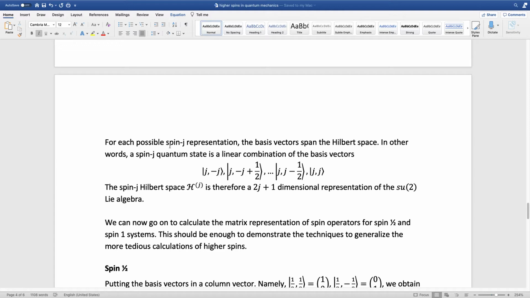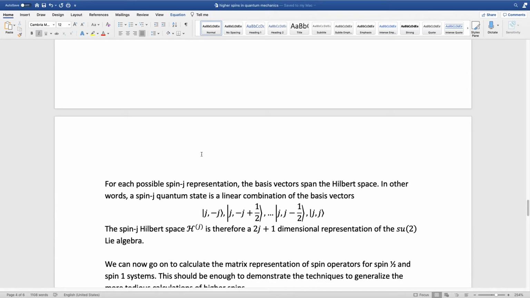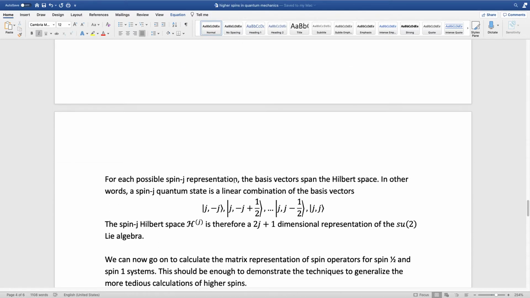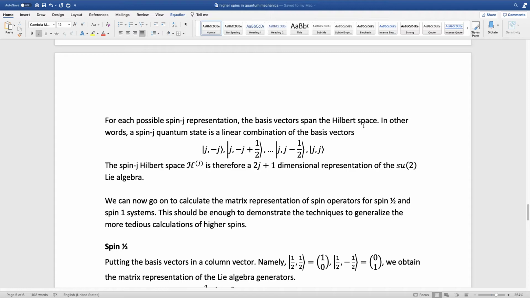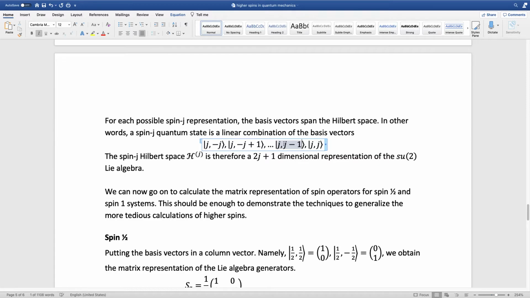Now, for each possible spin j representation, let's say we have spin 1, the basis vectors, which are -1, 0, and 1, span the entire Hilbert space. In other words, a spin j quantum state is a linear combination of basis vectors -j, -j plus 1, dot dot dot, all the way to j minus 1, j.